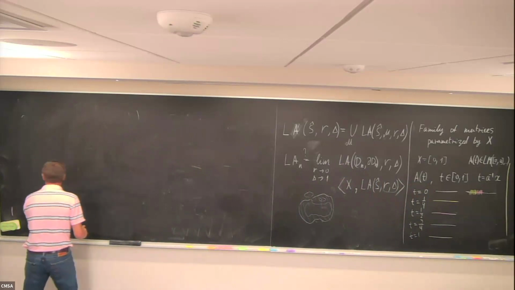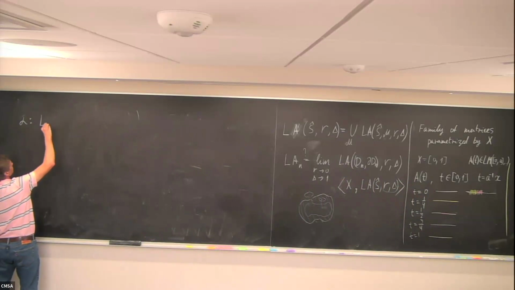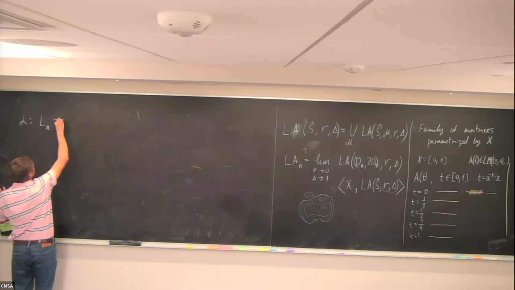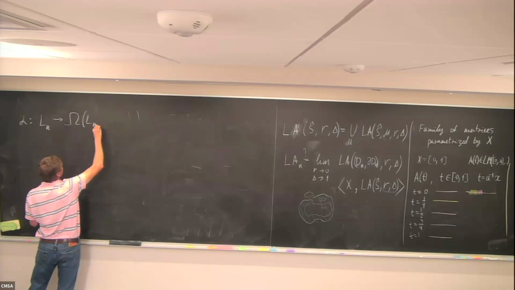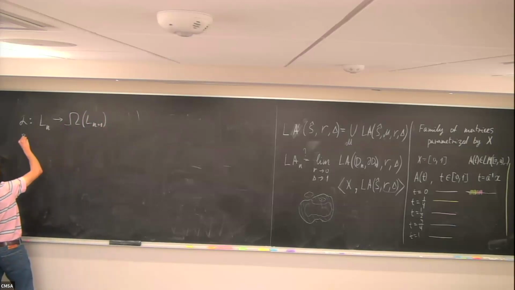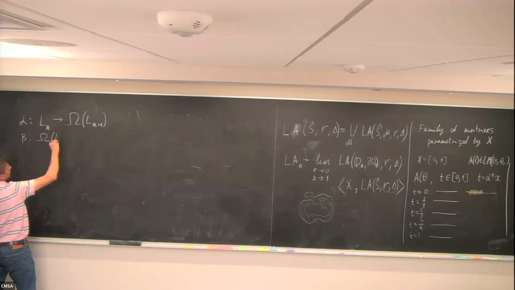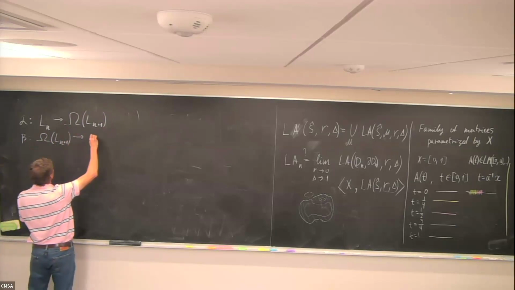So let me define two maps. And those maps are mutual inverses up to homotopy.